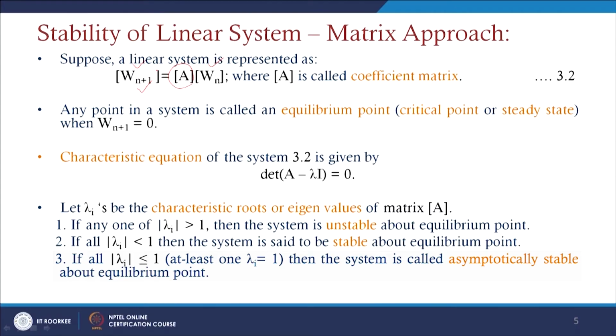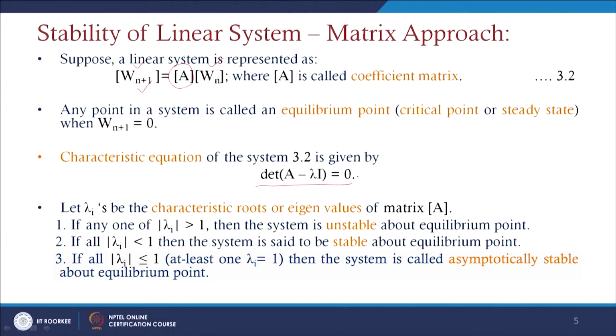To find the eigenvalues of any matrix, we go for the characteristic equation. So we can write the system 3.2 as the determinant of A minus lambda I equals 0. Suppose the eigenvalues of the matrix A are represented as lambda_i, and if one of these lambda_i values is greater than 1, then the system is unstable.